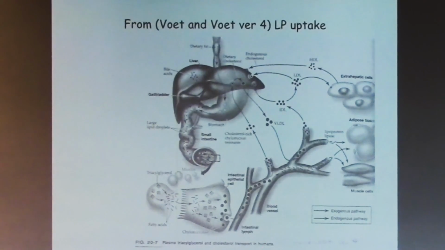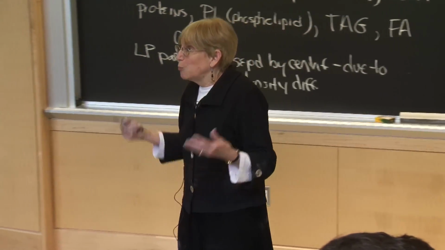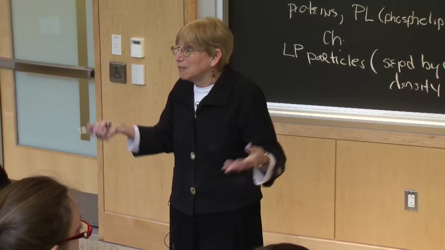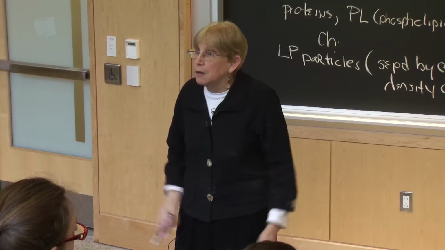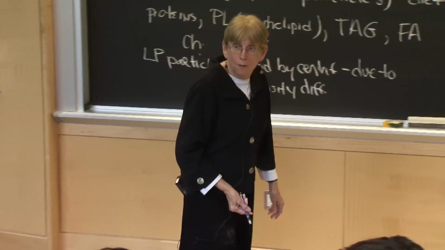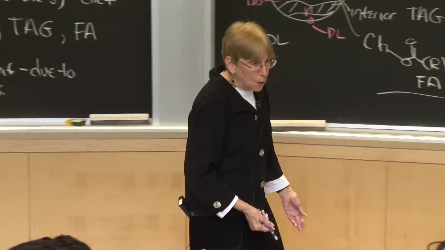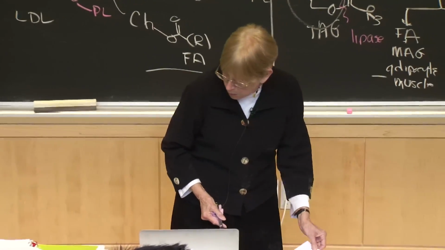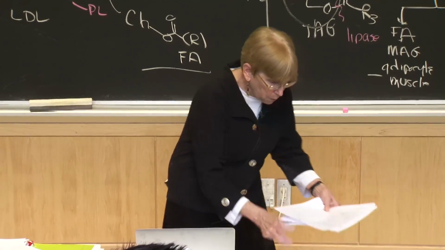Okay? So you have a complicated set of transport systems that we're not going to spend any time on, but it's all related to the fact that cholesterol is basically not a happy camper in water. And so we've got to figure out how to move cholesterol around. Okay.